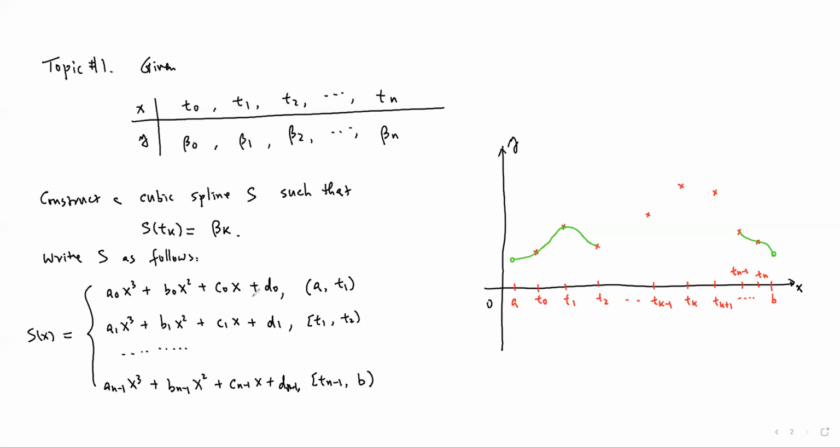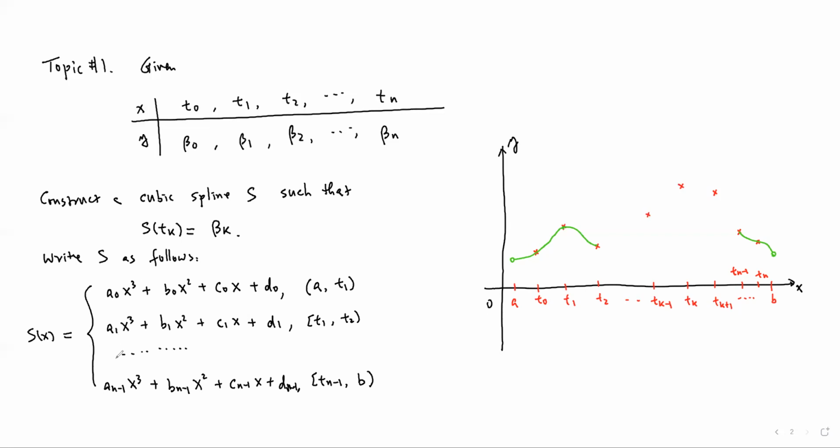Each cubic polynomial has 4 coefficients. So in total, how many coefficients do I need to determine? How many polynomials do we have here? n polynomials, right?